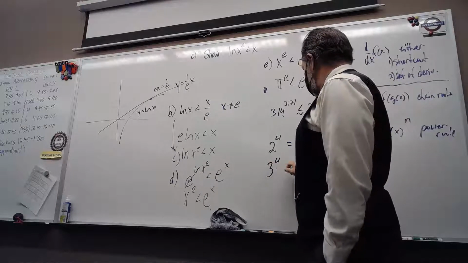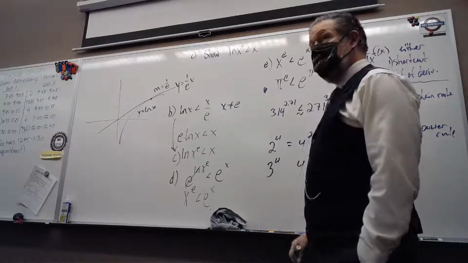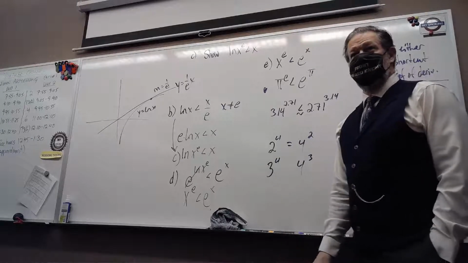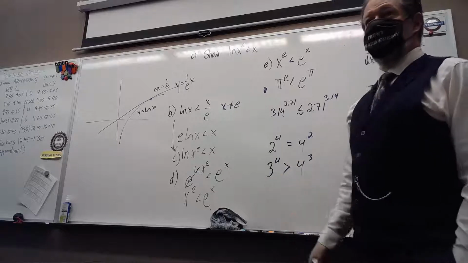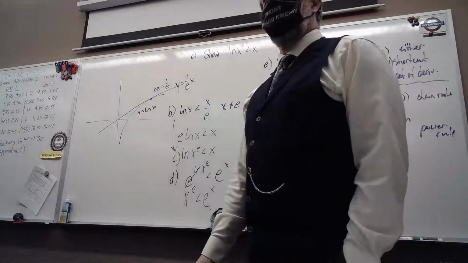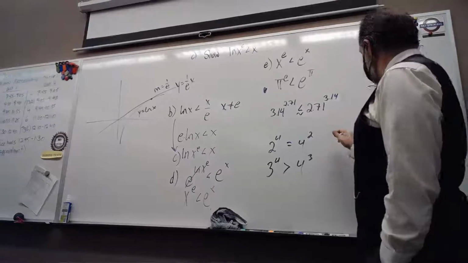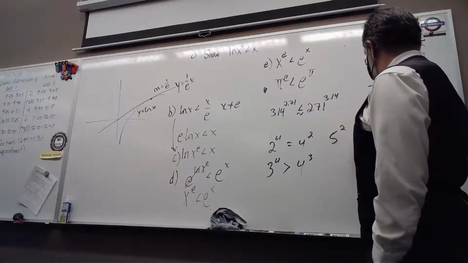How about 3 to the 4th and 4 to the 3rd? 81, 64, right? Yeah. How about 5 squared and 2 to the 5th?